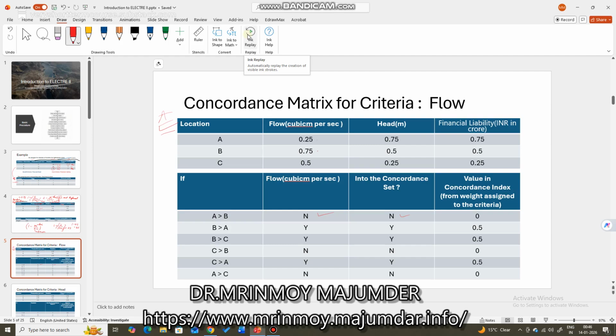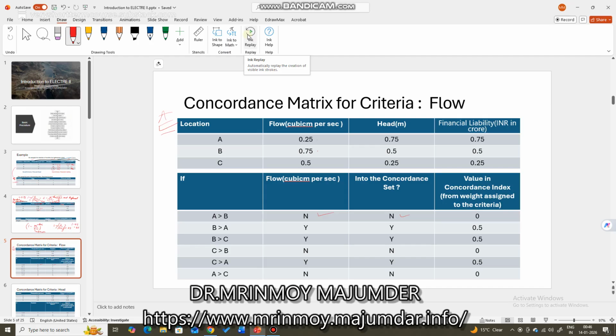So A has not outranked B, so for flow it is no. It doesn't come into the concordance set and doesn't go into the concordance index.